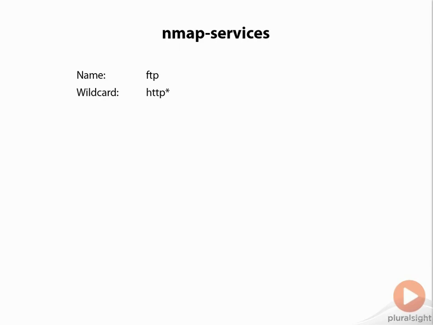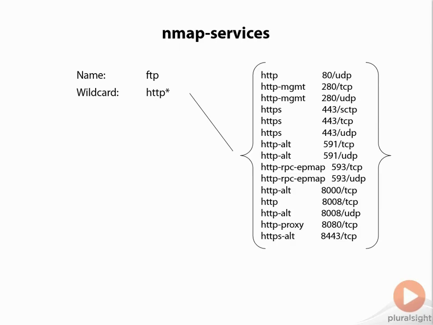Named services can also be scanned using a partial name and a wildcard, such as an asterisk, to scan all services that match the wildcarded string. For example, http* will expand to this list of HTTP services. Valid wildcards are the question mark, which matches a single character, and the asterisk, which matches 0 or more characters.